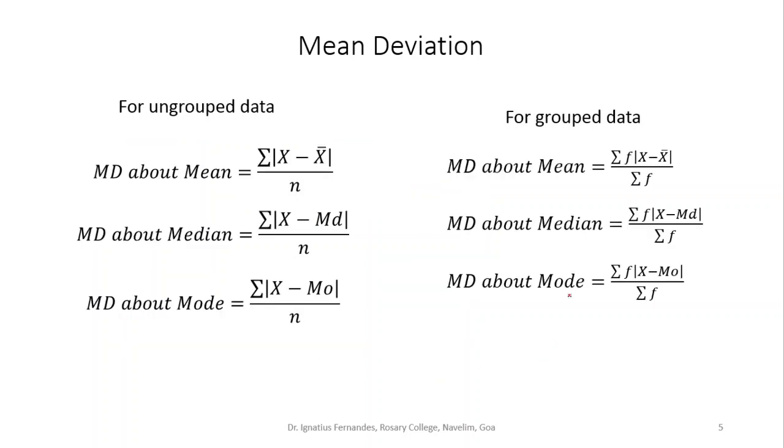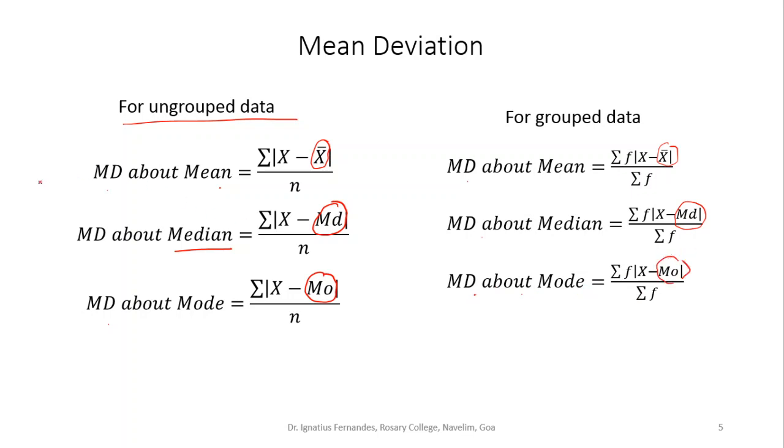If I write it explicitly for ungrouped data, I have mean deviation about mean, with the mean here, about median, with the median here, and about mode, with the mode here. The general form is the same. The same way for grouped data, mean deviation about mean, median and mode.